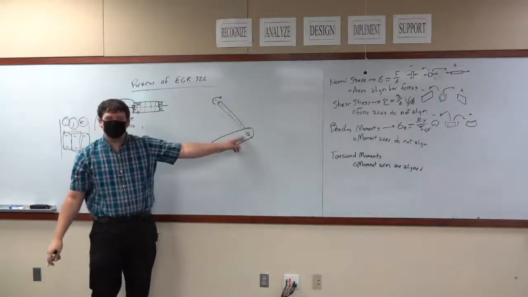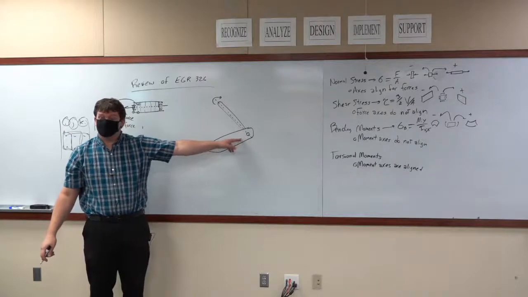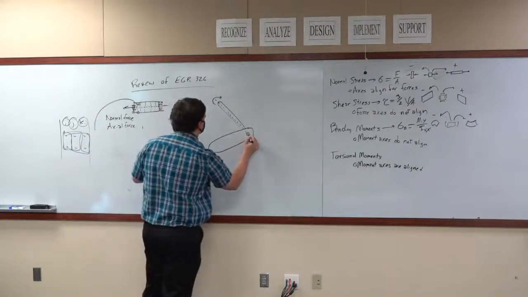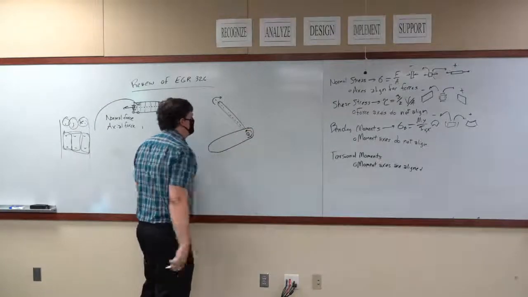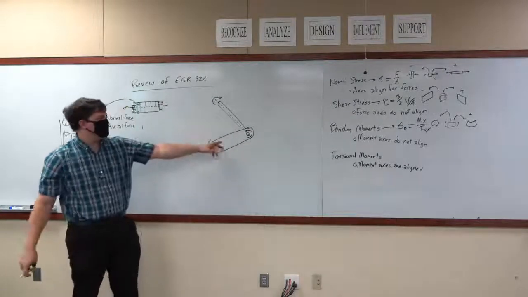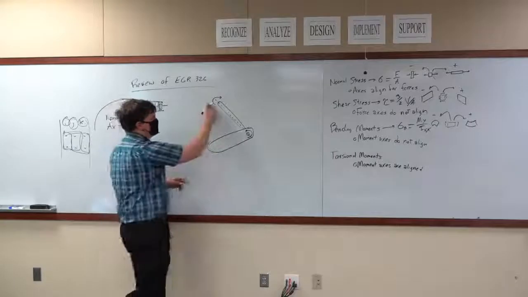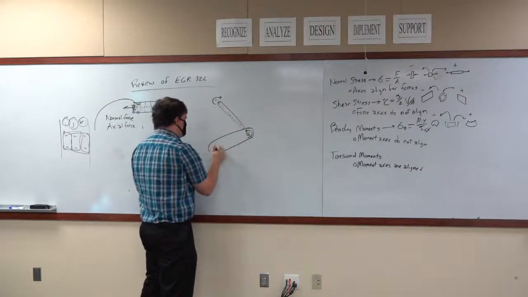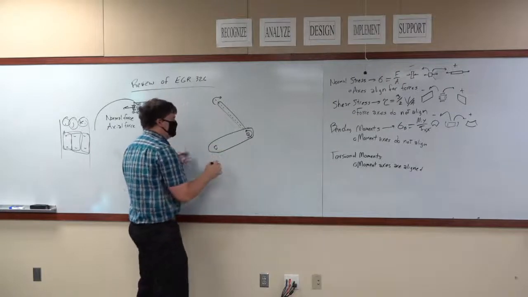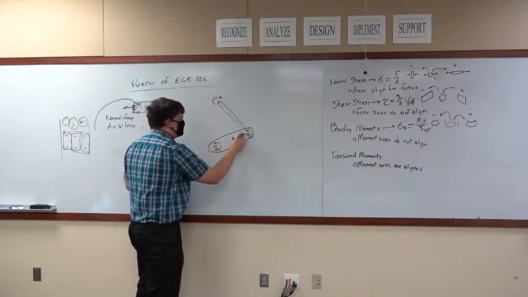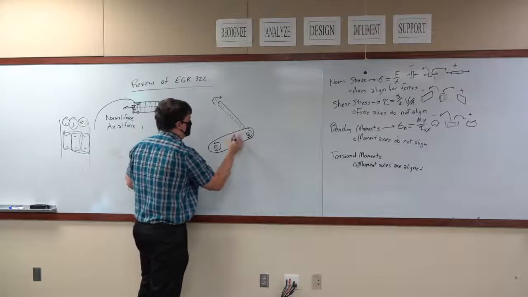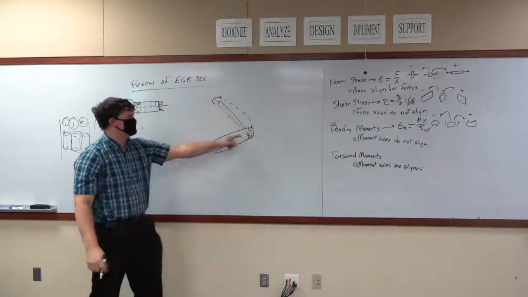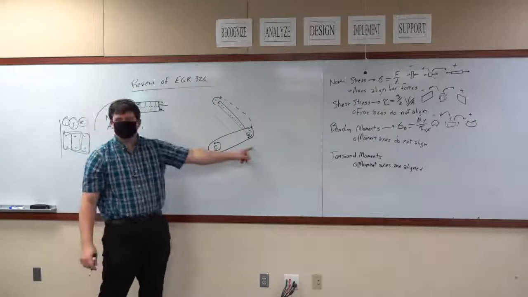Problem is, there has to be another moment on the other side to counterbalance it. So it's creating a torque on here that is in this direction. You got that counterbalance right here. But then what you need over here is, so this transmits to that, which these are both facing the same direction, and then this counterbalances this.